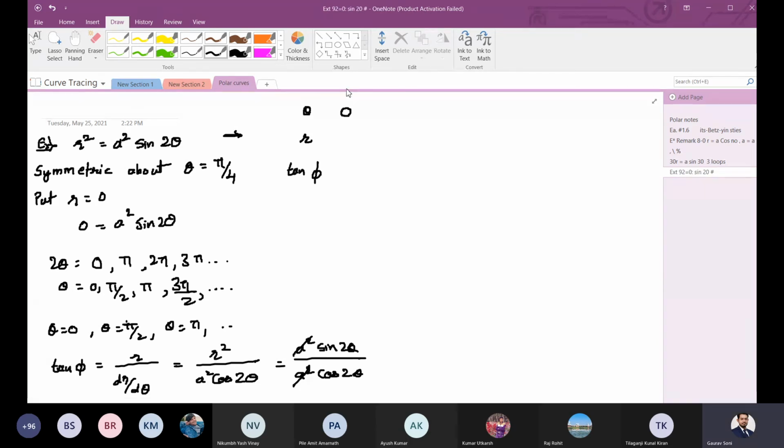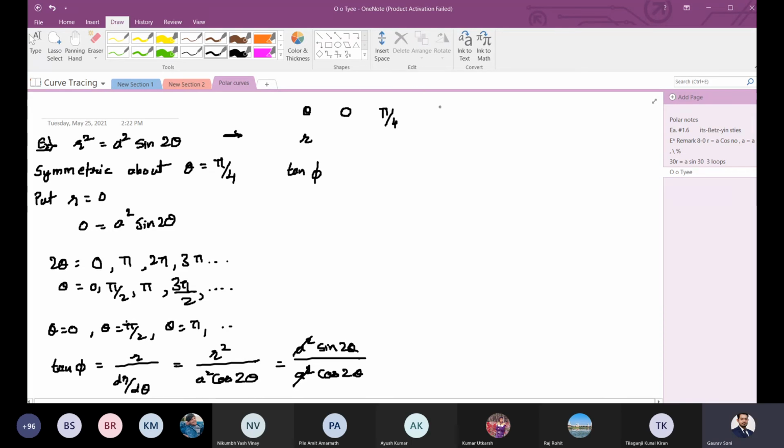What's the next value that you will get? Anyone, please respond fast. Sir, 2 into pi by 4. So the next value has to be pi by 4. Go on repeating the same interval.